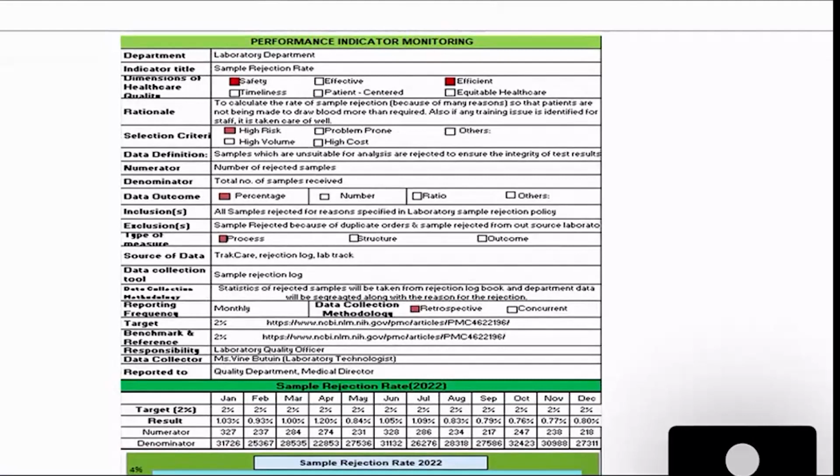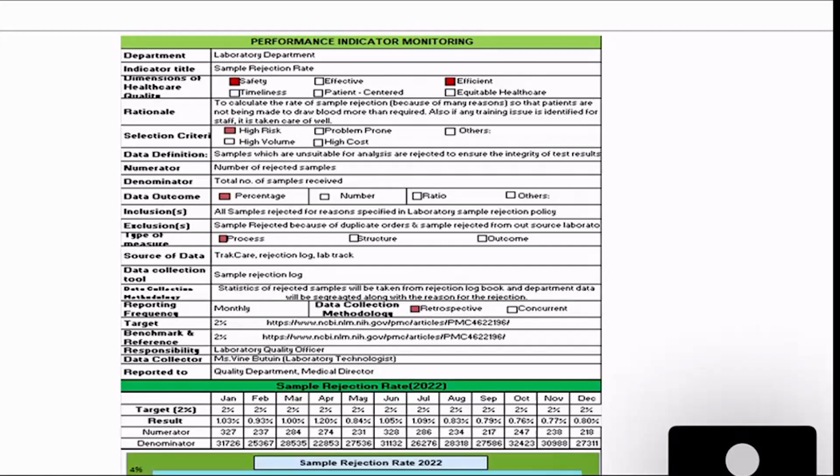Which dimension is it being aligned with? So we choose whether it is safety, effective, efficient, timeliness, patient-centered, or equitable healthcare. Specimen rejection, obviously, is related to safety, because specimen rejection may occur for different causes. Improper labeling may be one of the main reasons.